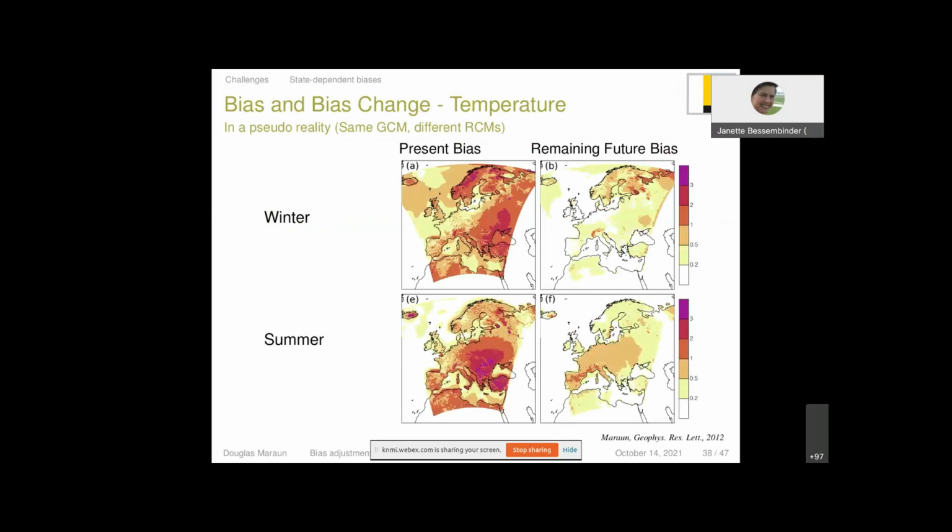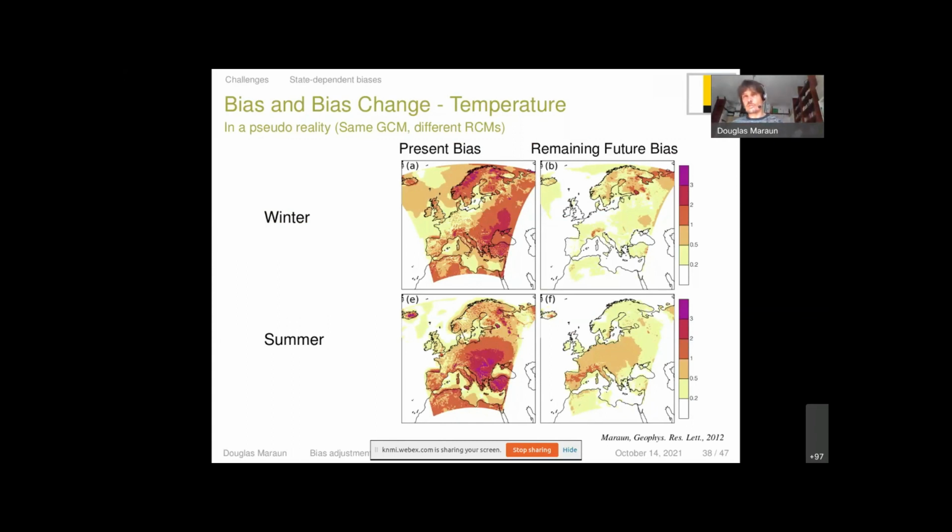So what I did here was have a look at how biases might change between present and future climate. And of course, we don't know future climate in reality yet. We have to wait. What I did is I used a so-called pseudo-reality. So I basically took 2 climate models.